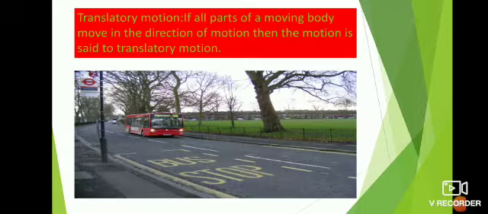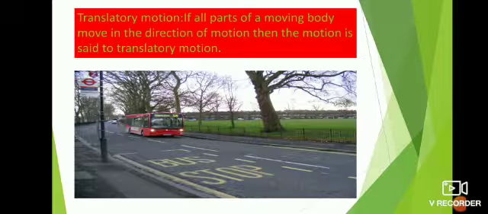If all parts of a moving body move in the direction of motion, then the motion is said to be translatory motion. Like you have seen in this example, all the parts of the bus are moving in the direction of motion. This motion is said to be translatory motion.